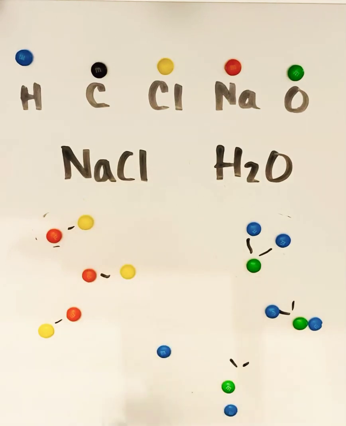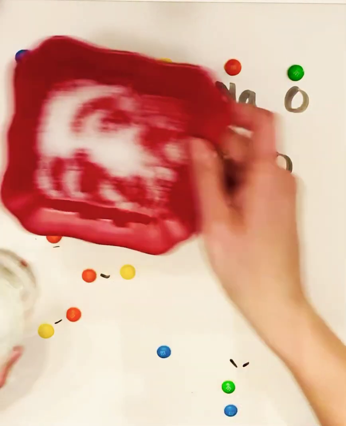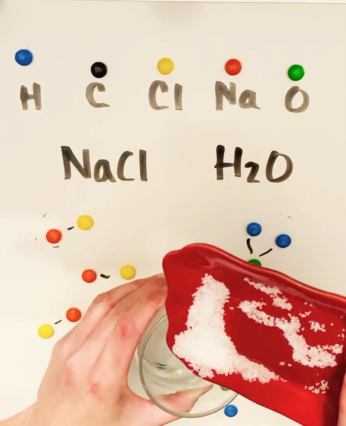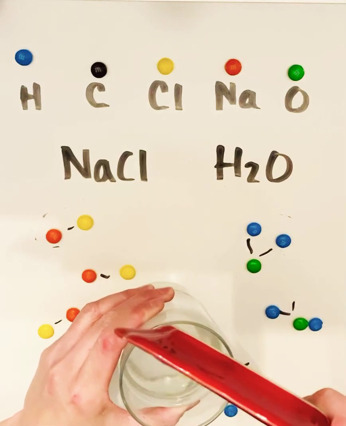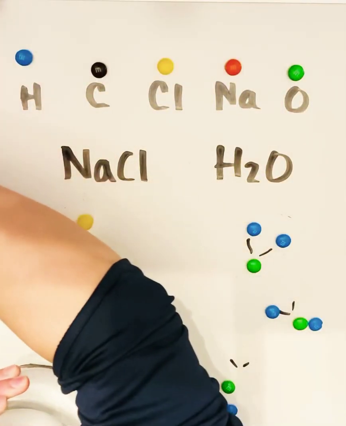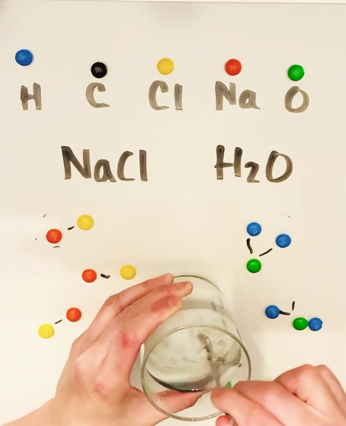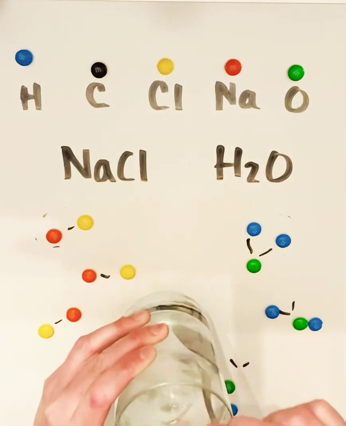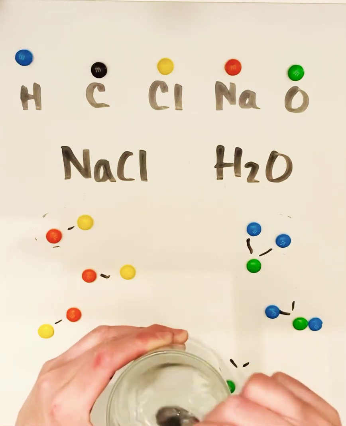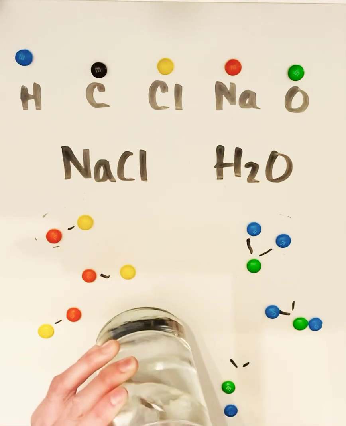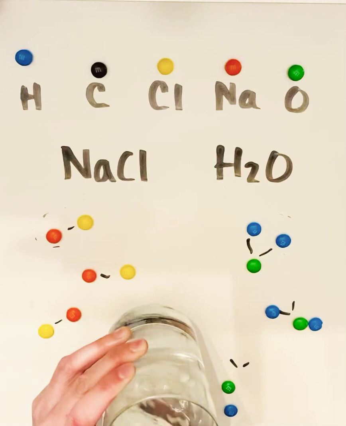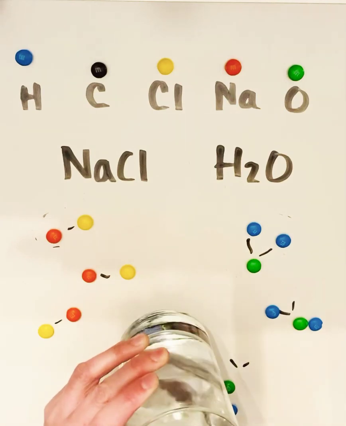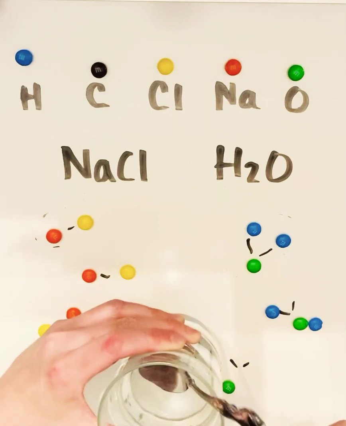So what I'm going to do is pour my salt into my water and stir it around. And now what I've done is created a mixture, a salt water mixture. And even though once you stir it, you can't see the individual salt crystals, if you mix it together really well, the salt crystals are still there and they're separate from the water molecules.